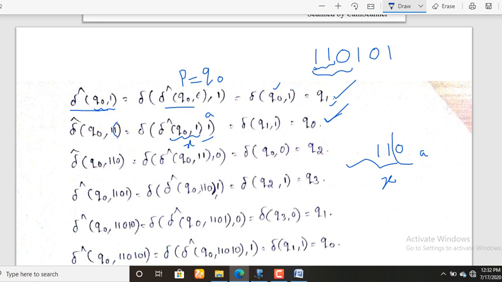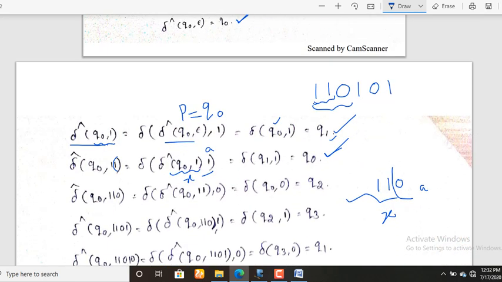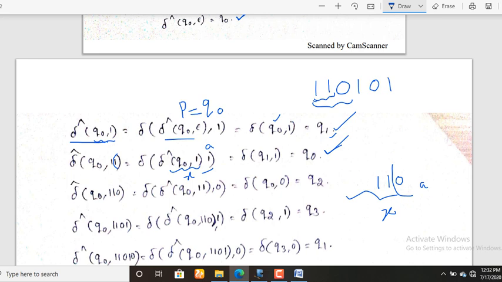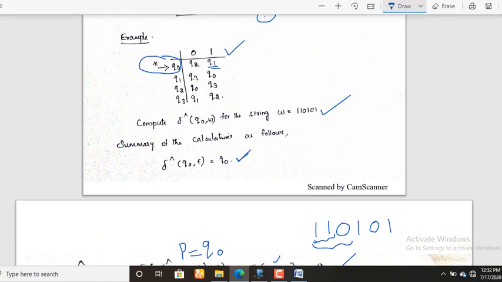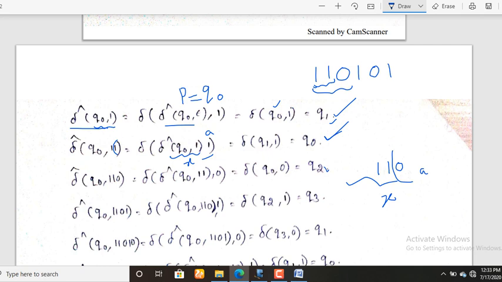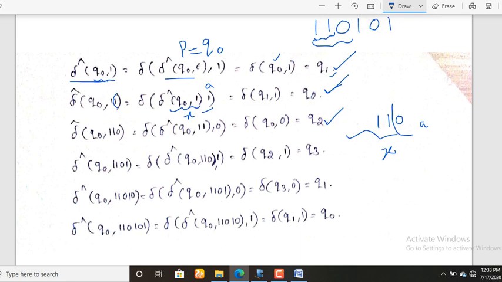So delta of q0 comma 0; on receiving 0, q0 goes to q2. So q2 is over. Next, delta cap of q naught comma the next four symbols, 1101.